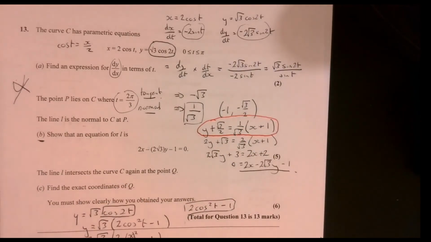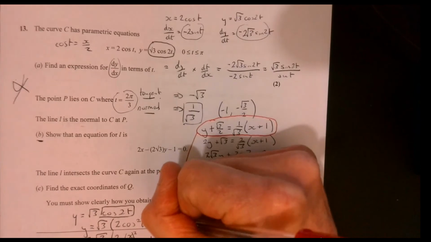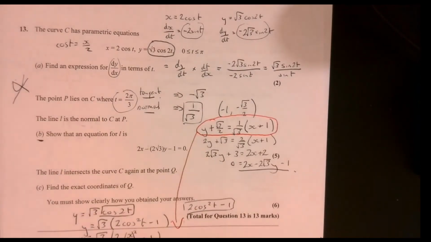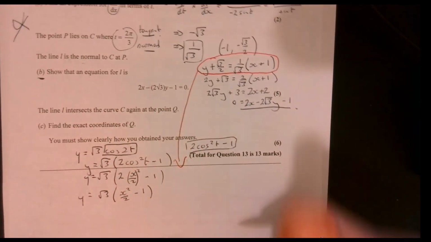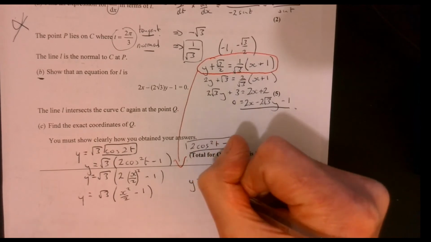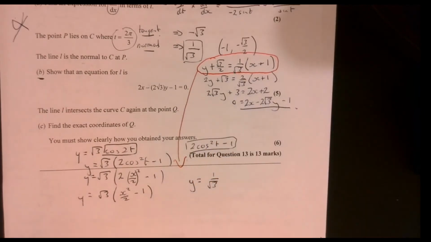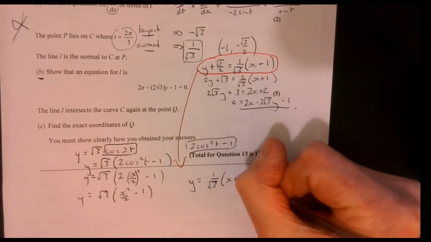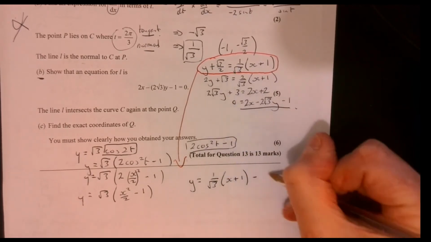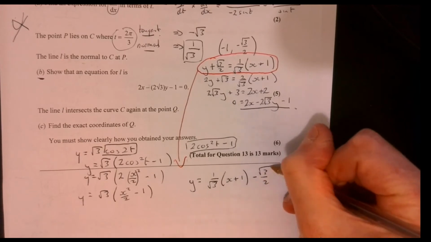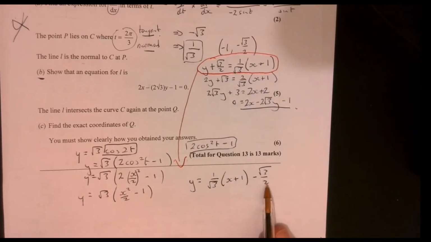Alright, so here we go. Let's just write this bit down here just so you can see what's happening. So we've got y equals 1 over root 3, and then I've got x plus 1, and then we're going to take away root 3 over 2 from both sides.